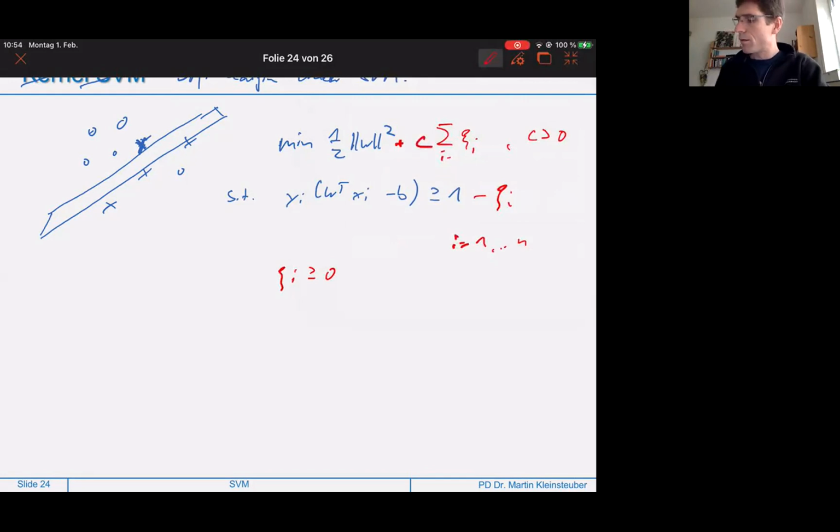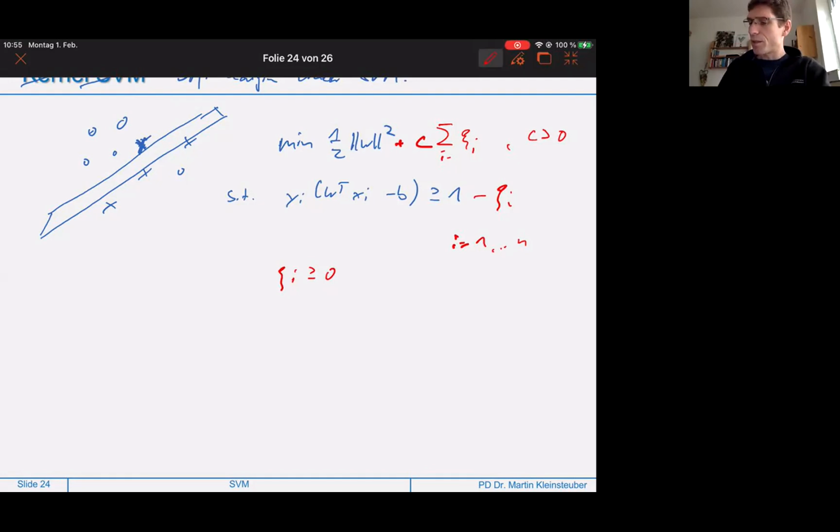Okay. So we probably need some compromises, otherwise we cannot fulfill the constraints and no feasible solution exists. So the compromise is this xi. The xi is greater than 0, but we want to have the smallest compromise possible.